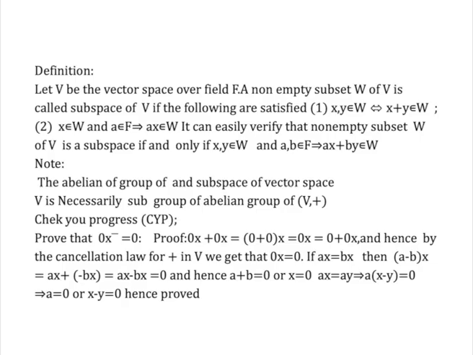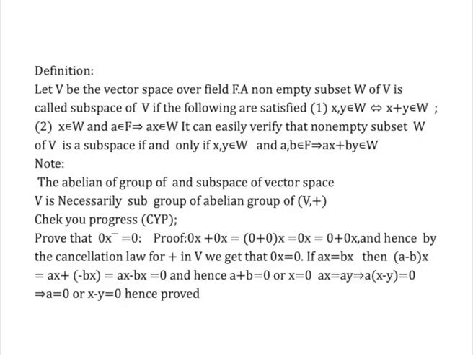Check your progress. The condition we mentioned as the second condition, we will prove here. Prove that 0 times x equals 0. Proof: 0 into x is 0 into x plus 0 into x. Taking x common, 0 plus 0 is 0, so 0 into x is 0 plus 0 into x, and hence by the cancellation law for addition in a vector space, we get that 0x equals 0.